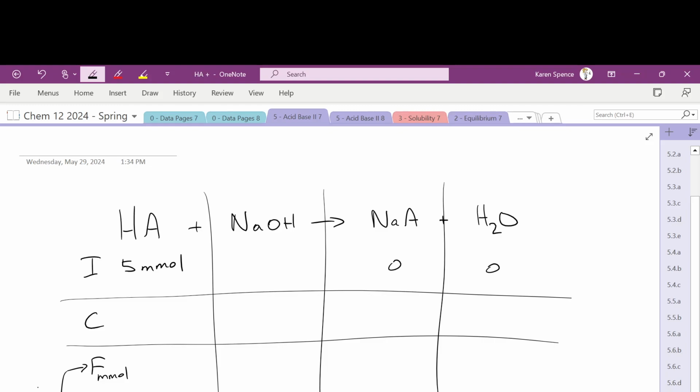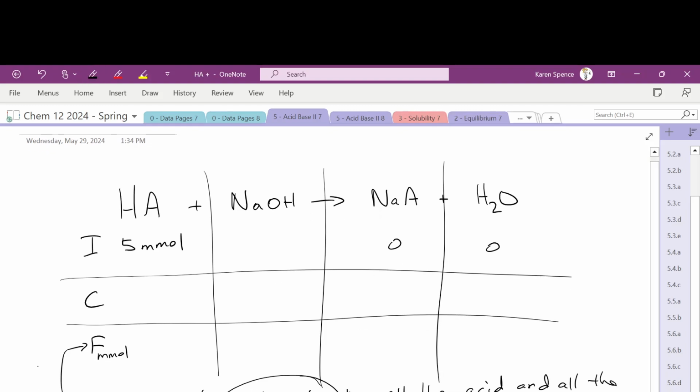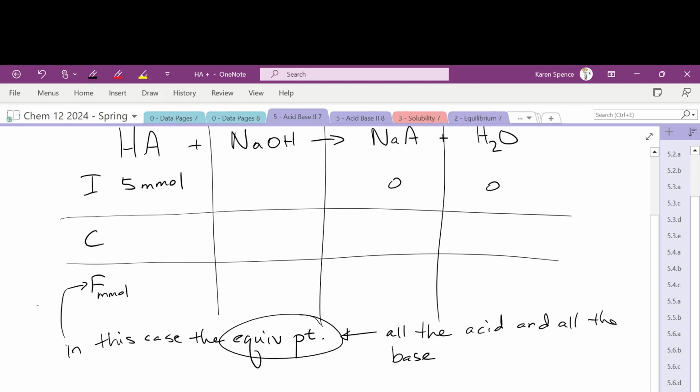How much HA should we have at the equivalence point? You've forgotten what the equivalence point is. What is the equivalence point? It's the point where all the acid and all the base have reacted completely and there's no extra of either.